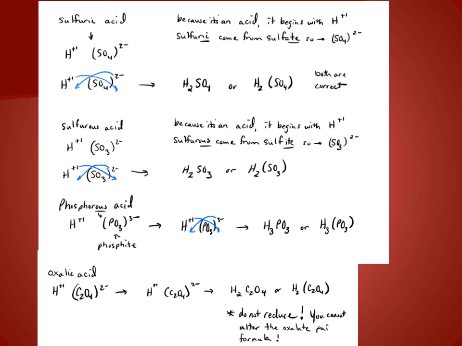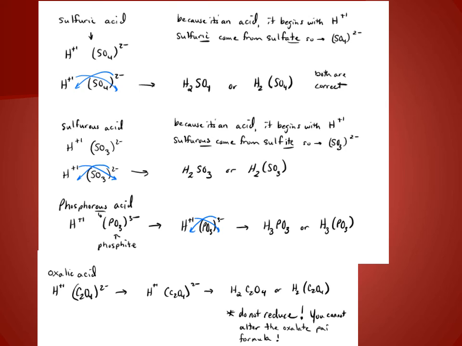Oxalic acid. So here's a polyatomic ion we haven't had many examples with yet. Oxalate, right? Oxalic comes from oxalate, so it begins with hydrogen, +1 charge. Here's my oxalate, C2O4 with a 2 negative charge. They don't cancel. I forgot to put the crisscross in, but they crisscross, and that creates H2C2O4, or with parentheses. Notice 2, 2, 4.